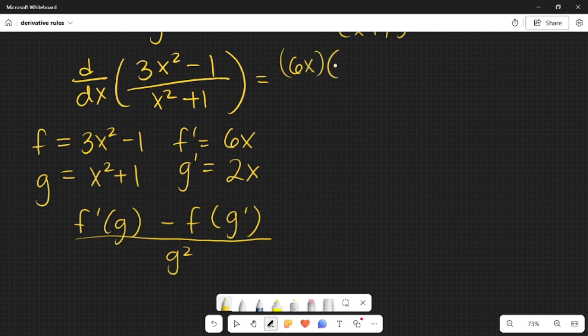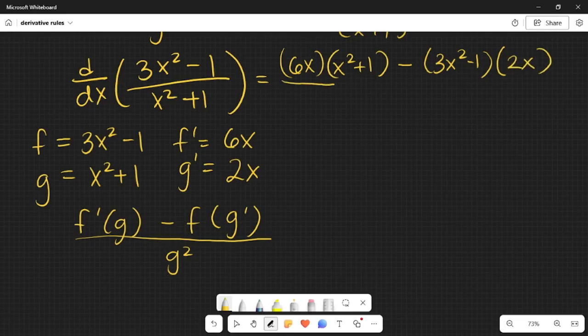G is x squared plus 1. It would be minus f, which is 3x squared minus 1, multiplied by the derivative of g, which is 2x. And it would be over g squared, which is x squared plus 1 squared.